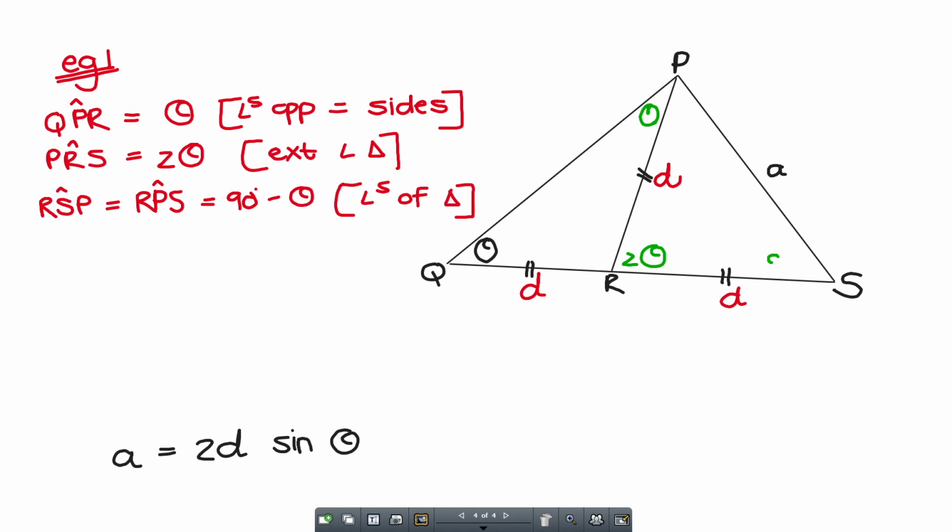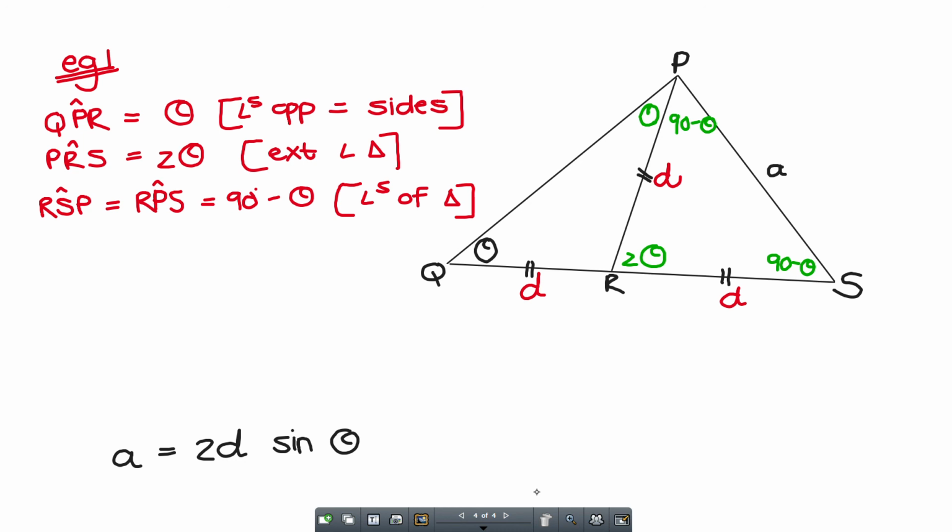Okay, so this will be 90 minus theta and 90 minus theta. Okay, nou kan jy mos nou jou sinreël gaan gebruik. Nee, maar onthou, ek het nie enige van die hoekies gehad nie. Ek moet mos die hoekie hê saam met D.